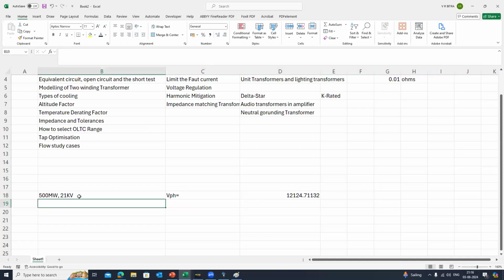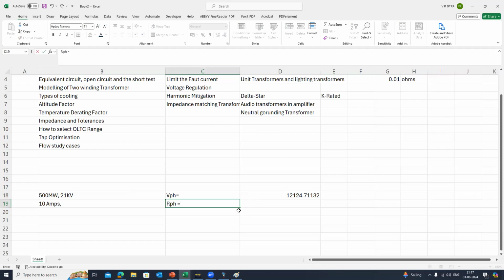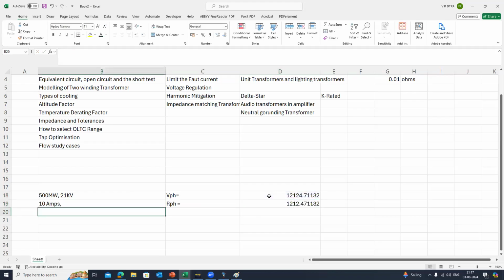Suppose I want to limit the fault current to 10 amperes because of damage to the core of the generator. So what will be the resistance that I need? That is equal to 12124 divided by this current, that is 10 amperes. So I need a resistance of 1.212 kilo ohm, which should be able to withstand this much amount of voltage, right?